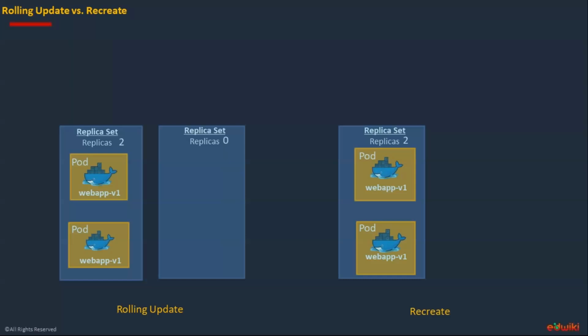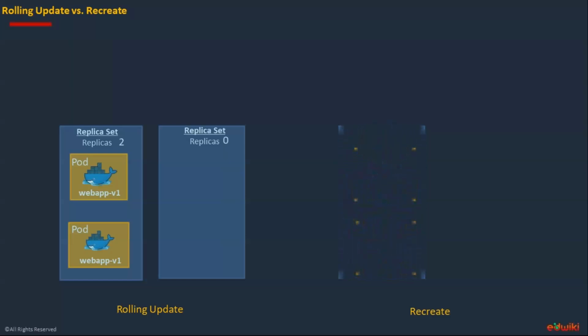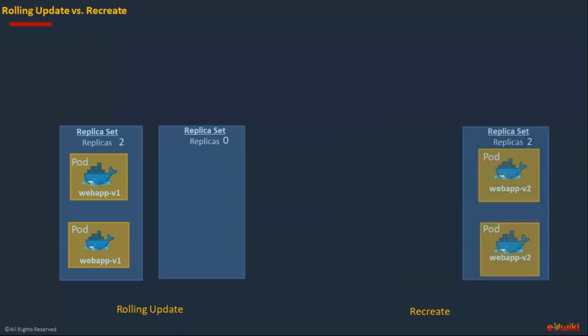Rather than creating the new one first and destroying the old one, in the recreate method, first it is going to destroy the current one and then create a new one. That is called the recreate method. In the sense, first the running pod will be deleted, then it creates the new one.